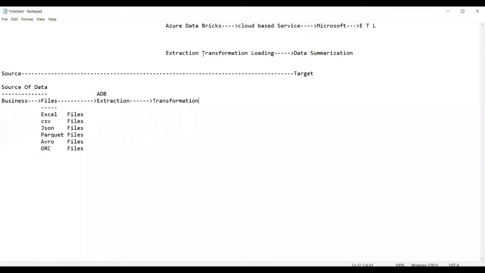And once the transformation is done, the process of loading takes place. Loading means the final data will be transferred to the destination, which is called the target, or we can say destination.